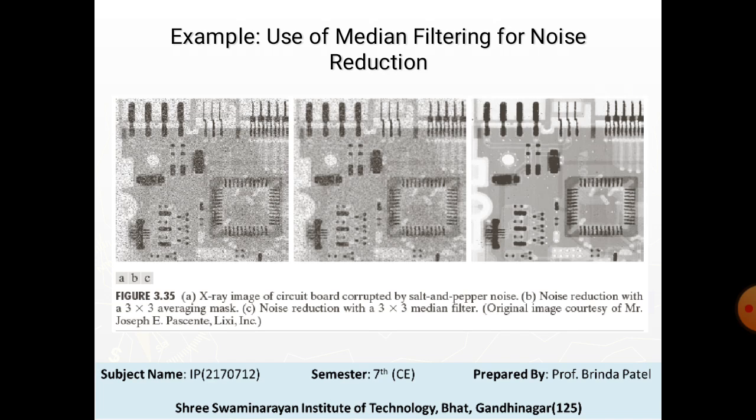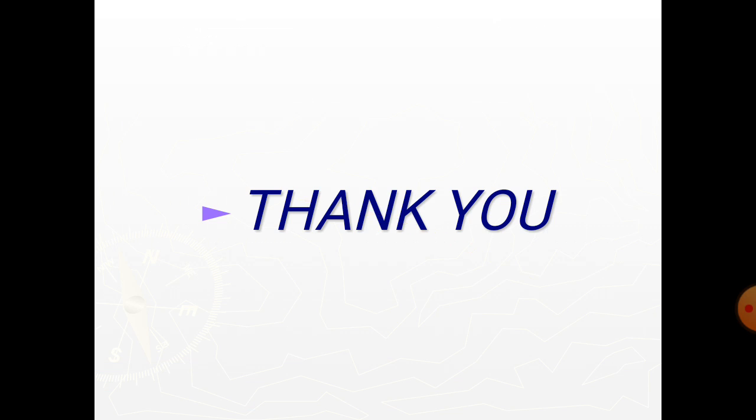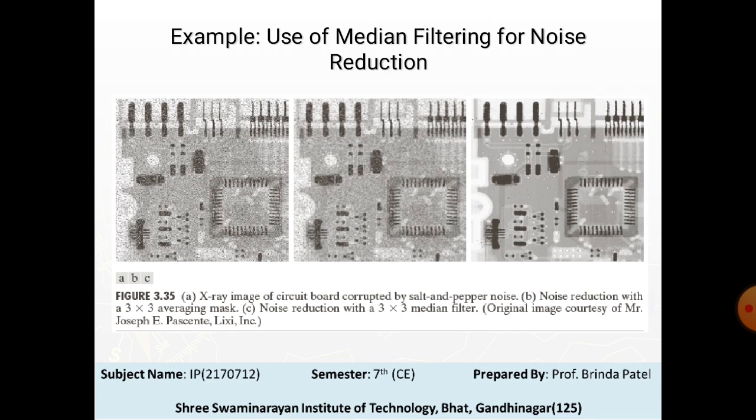Here figure A shows an X-ray image of a circuit board which is corrupted by salt and pepper noise. To illustrate the advantage of median filtering over average filtering, situations such as this are useful. We show in figure B the result of processing the noisy image with a 3 cross 3 neighborhood averaging mask, and in figure C the result of using a 3 cross 3 median filter.